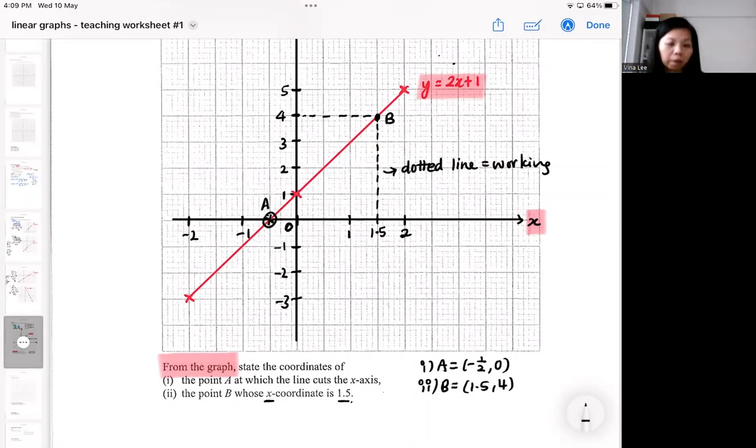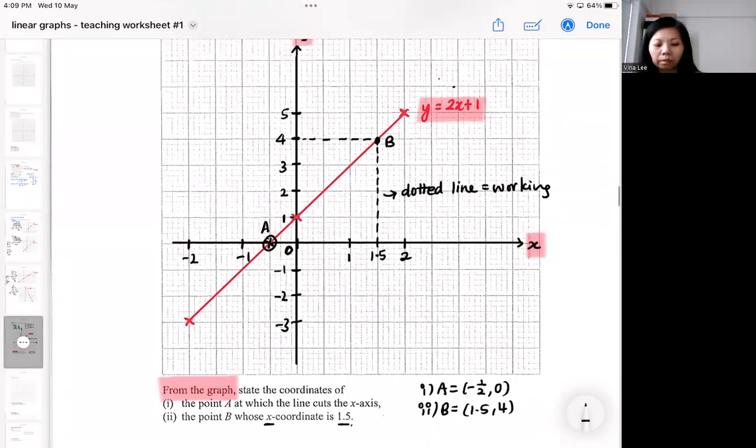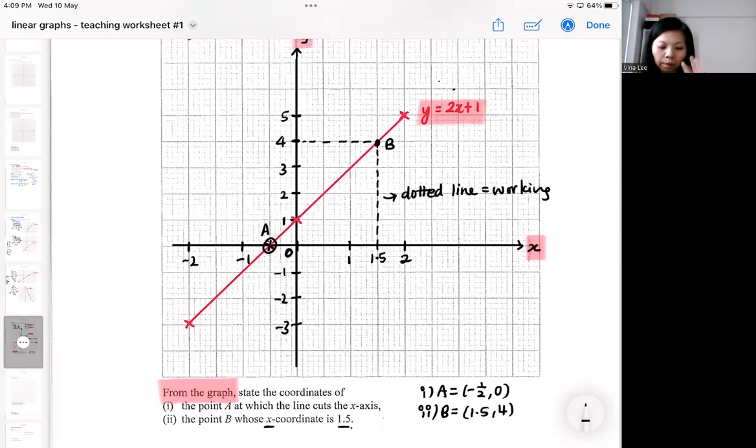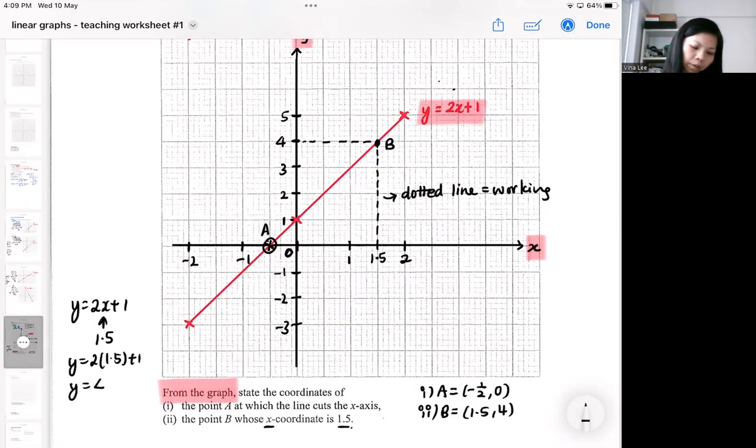After you draw the graph, they can ask you to answer questions. So I repeat for part 2. For the coordinate of B, the x coordinate is 1.5. If I go for calculation, I will change this to 1.5 and I will get a 4.